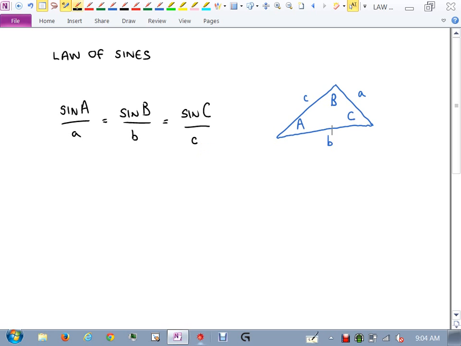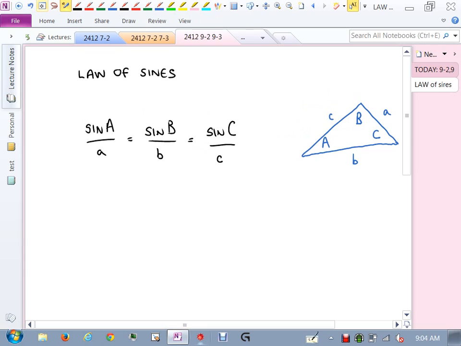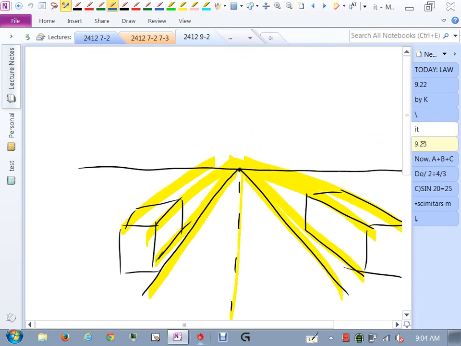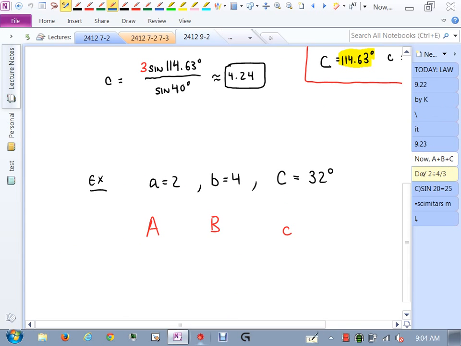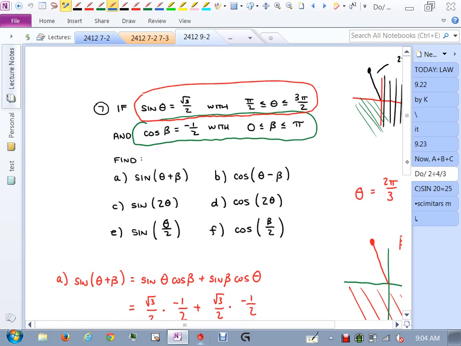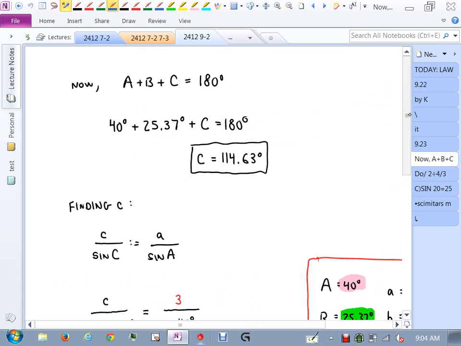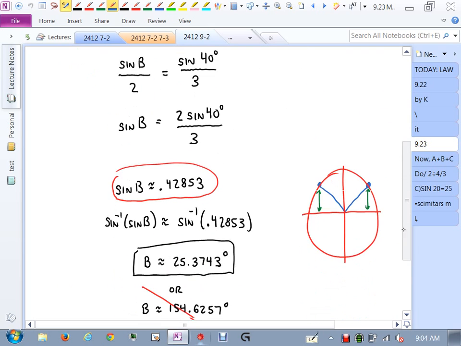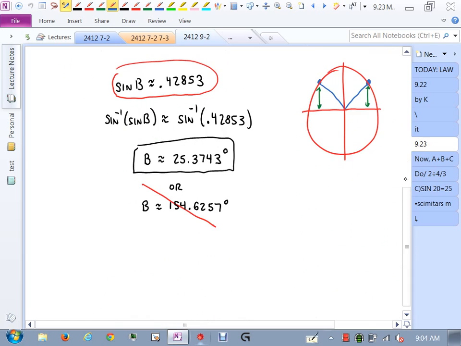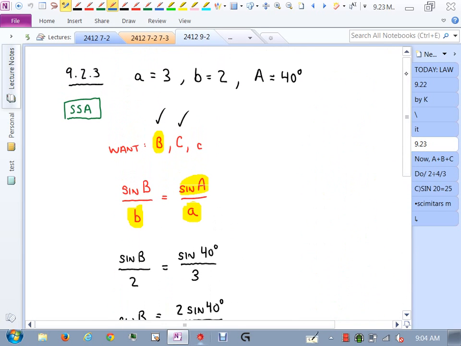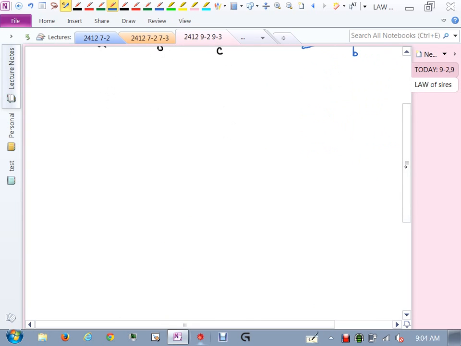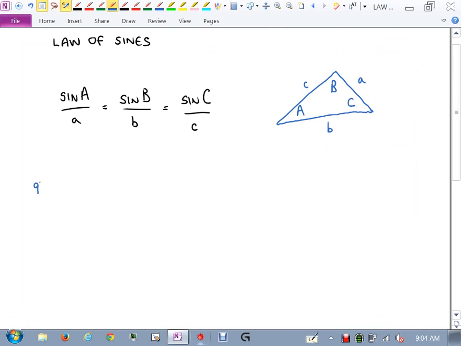let's say we have a triangle. Go back to my notes from last time real quick. 9.2.4 is where we're going to start today.